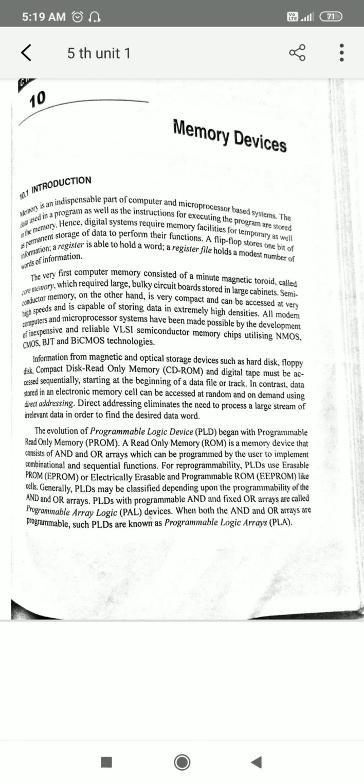So in order to reduce the size, we later designed semiconductor memory. It is very compact, and then we changed it into microprocessor systems. These memories are usually classified as either bipolar or metal oxide semiconductor. Metal oxide semiconductor is acronymed as MOS, or complementary metal oxide semiconductor, that is CMOS.